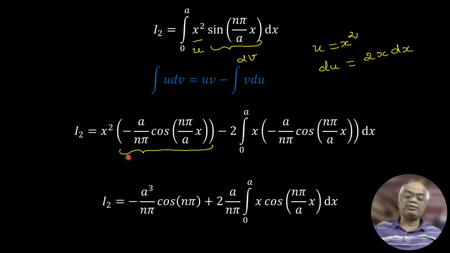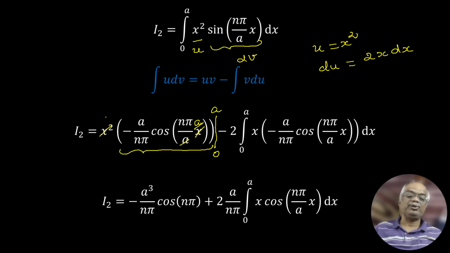Now, as we have seen in the first case, if you apply the limit 0 to a, upper limit is a, lower limit is 0. When lower limit is 0, this x will be 0, so you need not worry about the lower limit. For upper limit, this will get changed. a will get cancelled. You will get cos n pi, and x square also you have to replace.